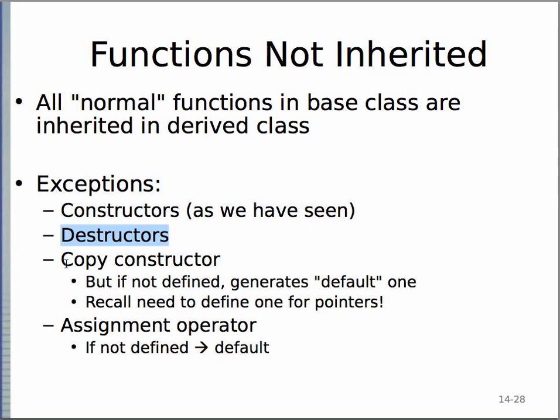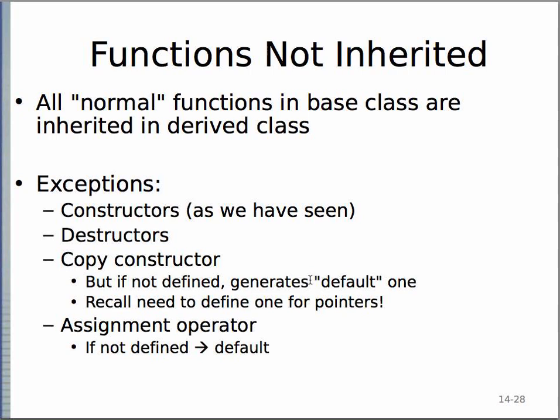The copy constructor and the assignment operator are two important things. So far we haven't had to deal with them because, in the example that's used in the book with the employee, salaried employee, and hourly employee, the default copy constructor does the right thing. Remember that if you don't define a copy constructor, a default one is generated, and a lot of the time it works.